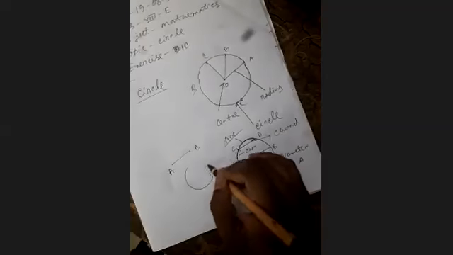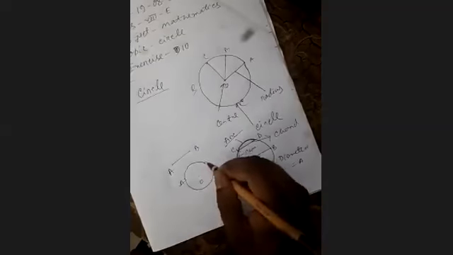Let us consider a circle like this with center O. If one point is A and another is B, whenever you join these two points by a straight line, this straight line is called a chord. But whenever these two points are joined by a curved line, this curve is called the arc.